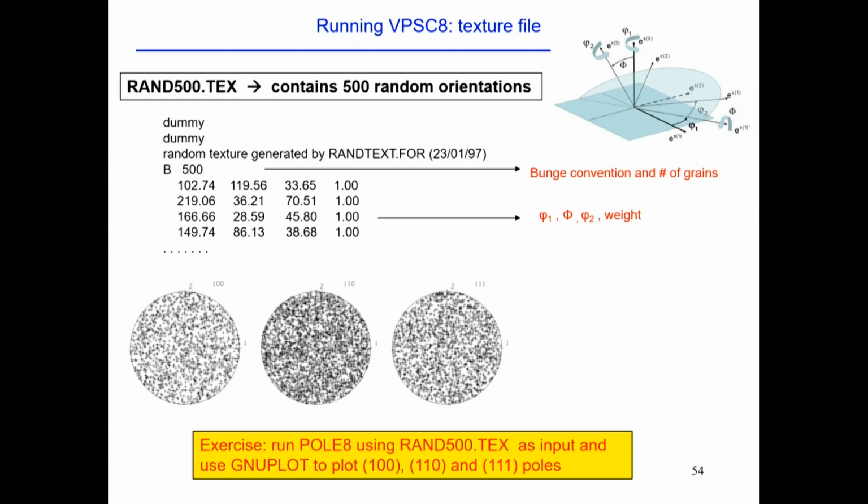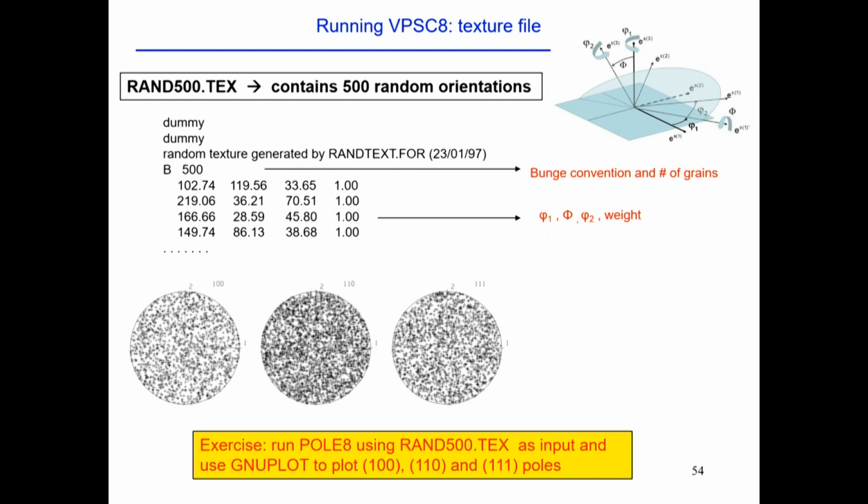And here you give the relative weight of that grain. In this case, it's a random texture. All the grains have the same weight, 1. Inside the code, this gets normalized to 1, all the volume fraction, but it doesn't have to add up to 1 to start with. So this is phi1, Phi, phi2, and the weight of the grain.